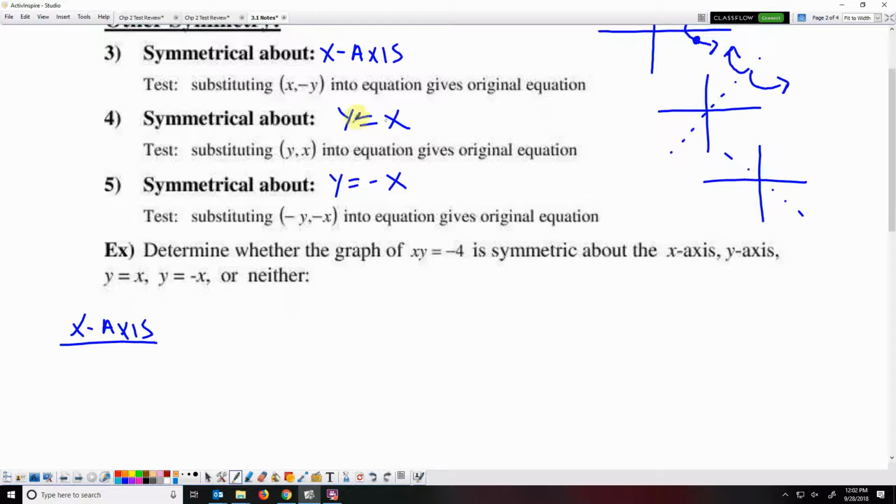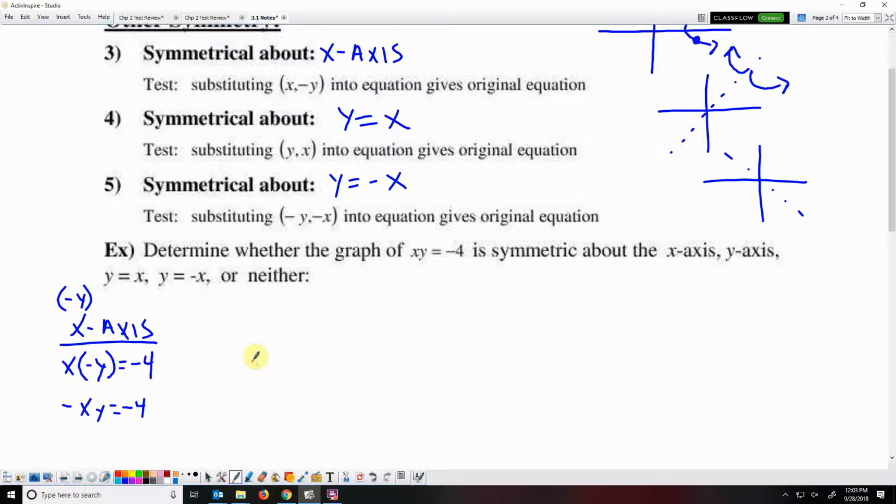So I'm going to take every x and leave it x, and take every y and make it the opposite of y, and see if it mathematically equals the same as the original function. So x times the opposite of y equals negative 4. Okay, so for testing the x-axis, it's the opposite of y. x times negative y is negative xy, and that does not equal the original function. So there is no symmetry about the x-axis.